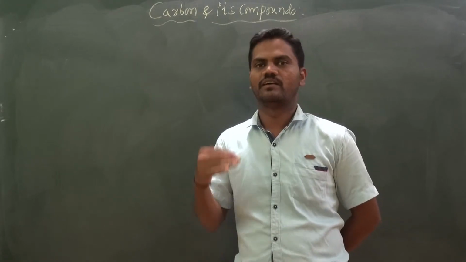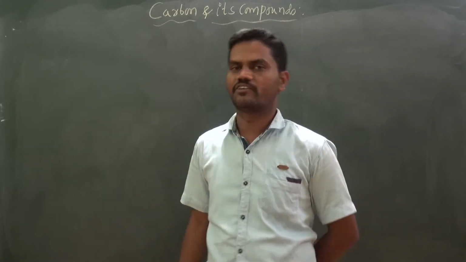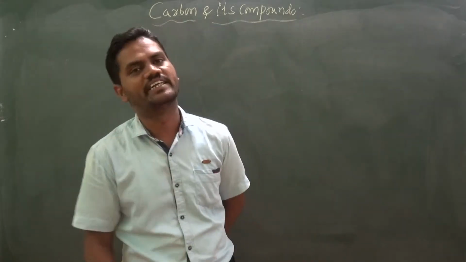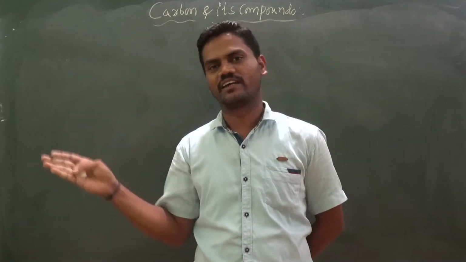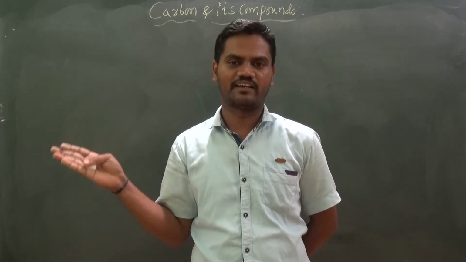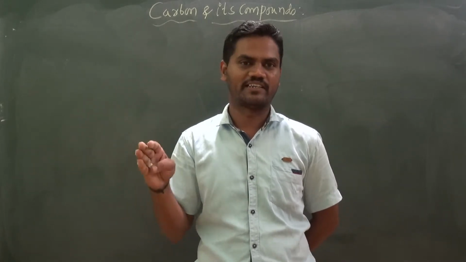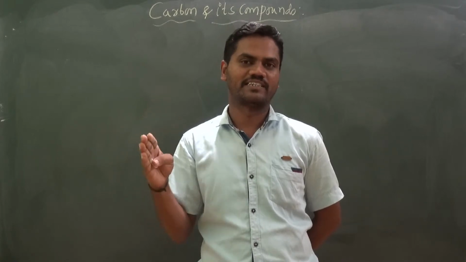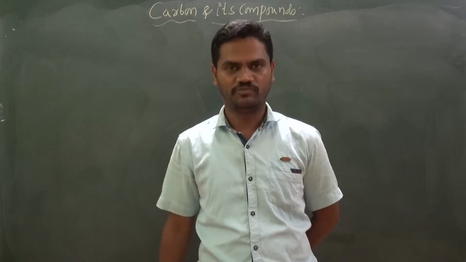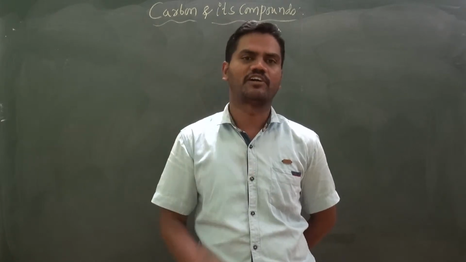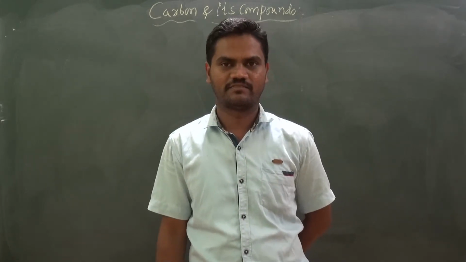Then we made another classification. Hydrocarbons can be classified into three types: alkanes, alkenes, and alkynes. I already explained the meaning of alkanes, why alkanes are also called paraffins, and you should know the general formula for the alkanes.